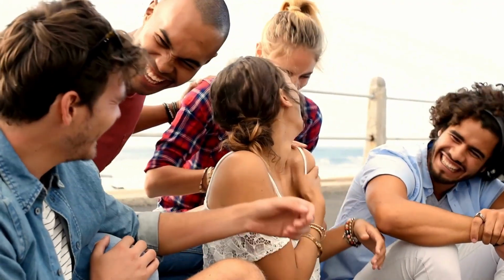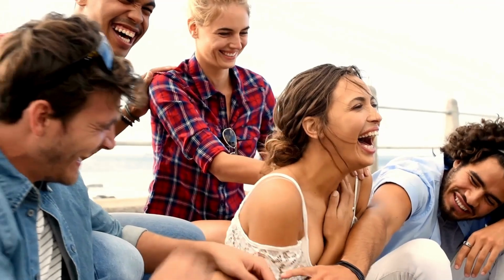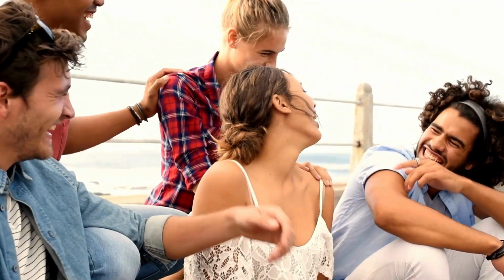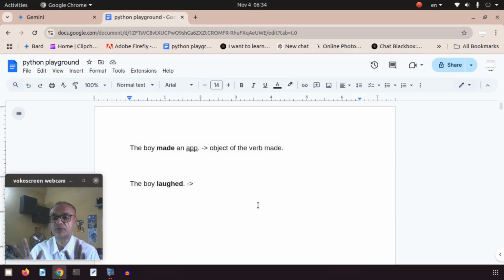He laughed, and the verb by itself makes good sense. Such a verb as the verb laughed, which does not require any object, is called an intransitive verb, and this one which requires an object to make a complete sense of a sentence is called a transitive verb, okay, and this is called an intransitive verb.